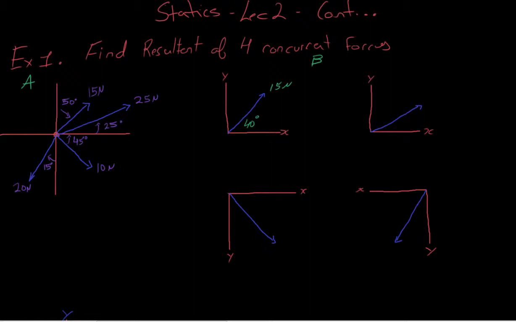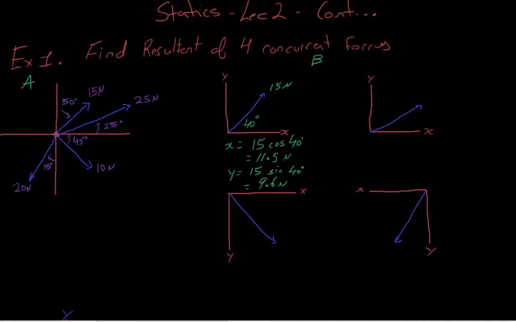So for this one, the x component would be 15 cos 40 degrees, and the y component would be 15 sine 40 degrees, which equals 11.5. For y, it equals 9.6 newtons.